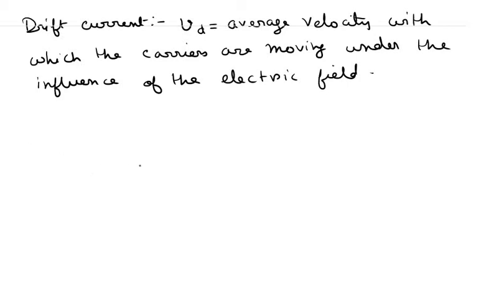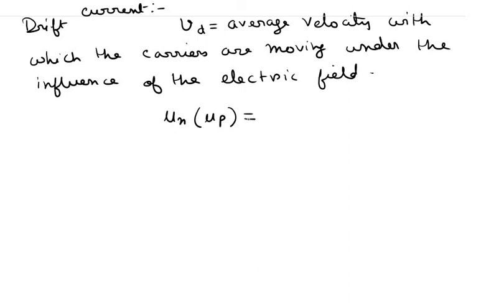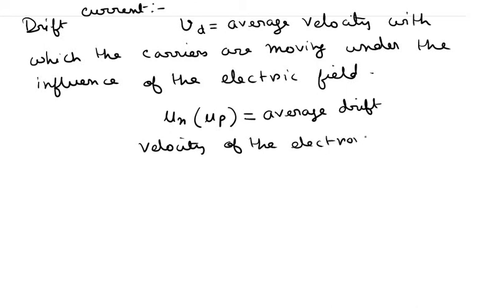Now let us assume that mu n or mu p is the average drift velocity of the electrons or holes per unit electric field.